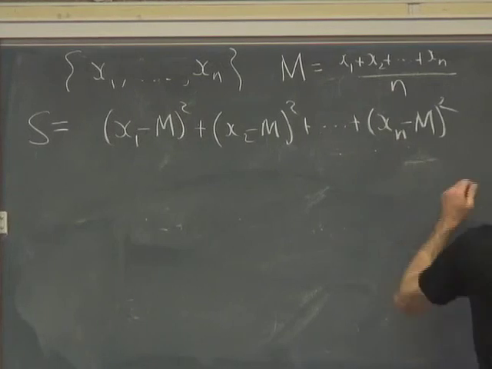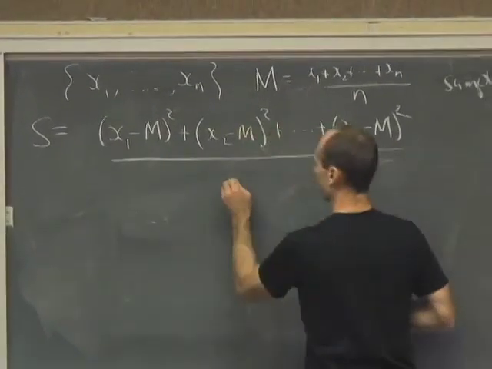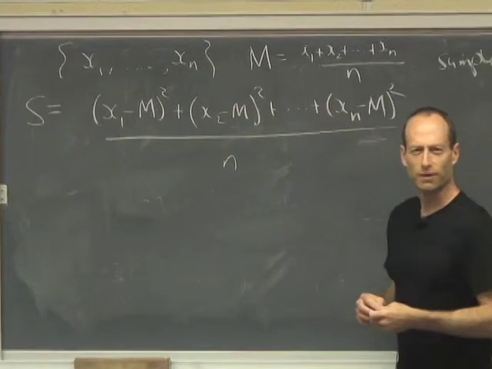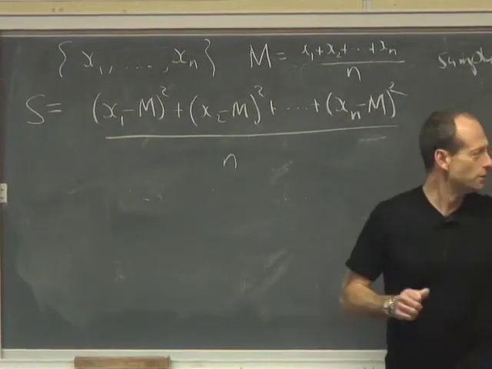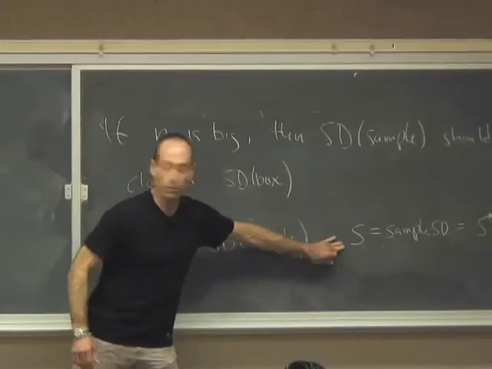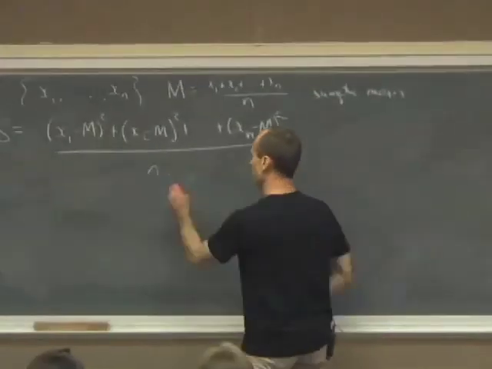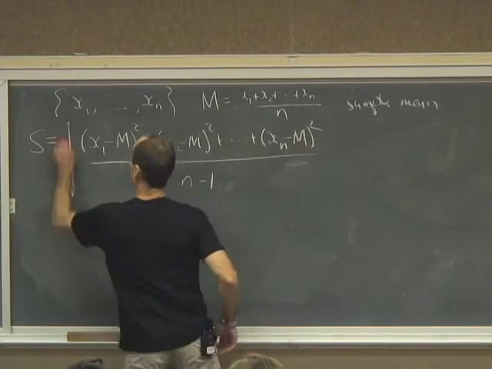If we were taking the ordinary SD, we would be dividing this by n, right, to find the mean of the squares, and then we would take the square root of that. The difference between S star and S is that with S, instead of dividing by n, we divide by n minus 1. And then we take the square root of the result.